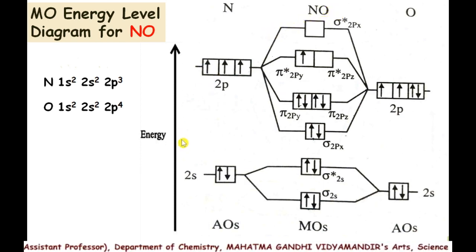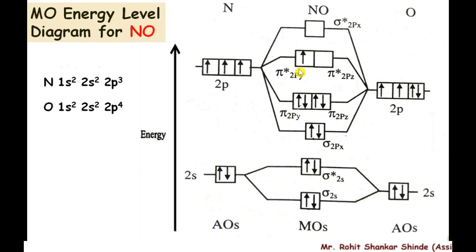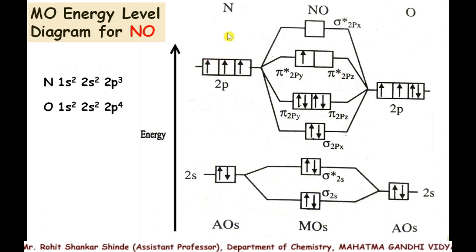The sequence wise, the molecular orbital energy level diagram of NO is similar to that of homonuclear diatomic molecule O2, as we have seen in the earlier video. The last electron in NO molecule is filled in the anti-bonding pi star 2py or pi star 2pz orbital. In this diagram, energy is increasing from bottom to top.